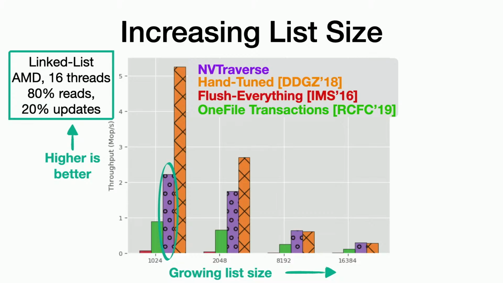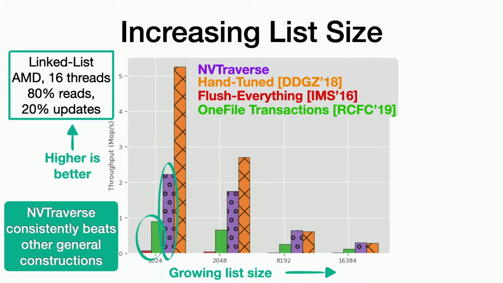When the list is fairly short, we're not very competitive with the hand-tuned version because we don't gain that much from no flushes on the traversal. But as the traversal grows, we become very competitive with the hand-tuned versions. And in any case, even in the short traversal cases, we're still better than the general constructions that existed at the time. So that's the takeaway here.